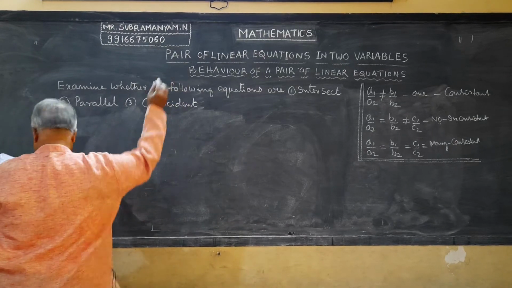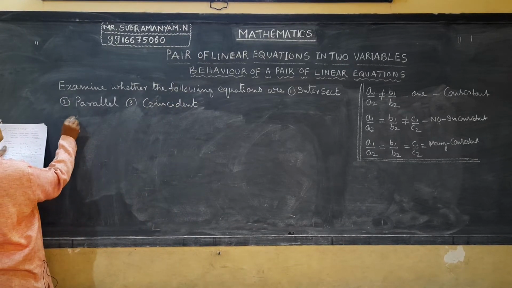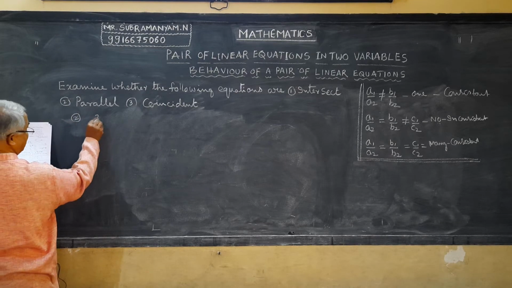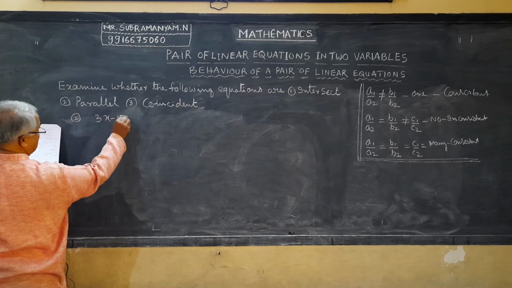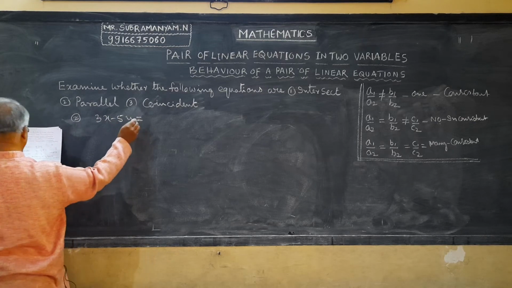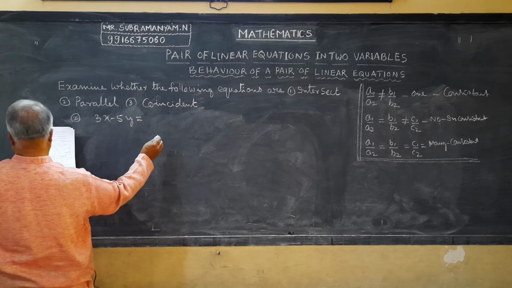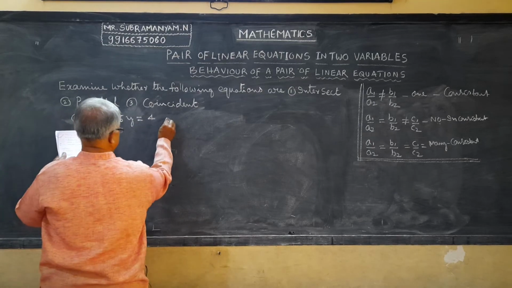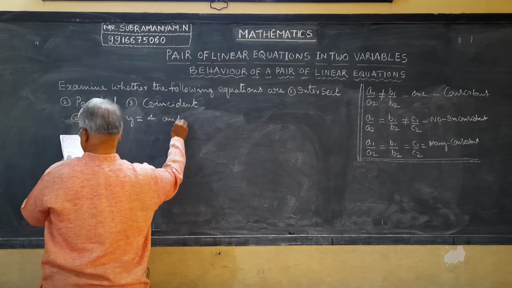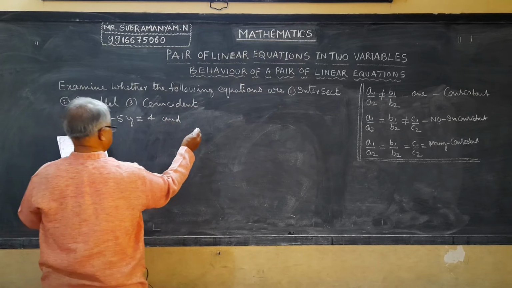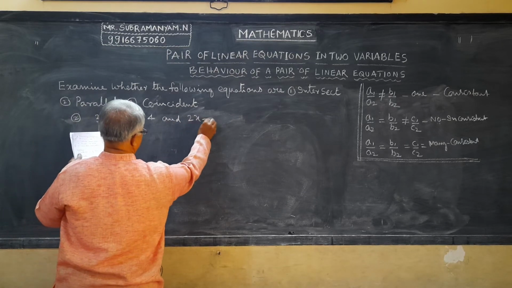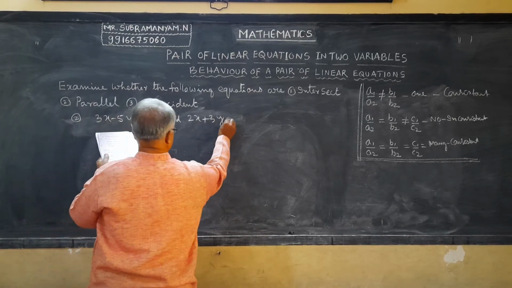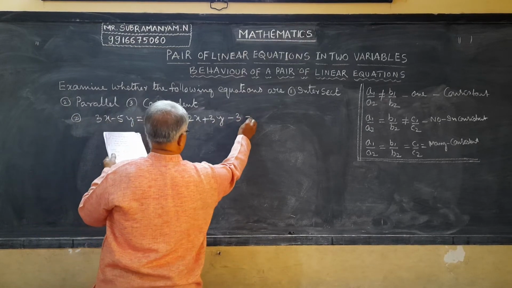Second one, 3x minus 5y equal to 4 and 2x plus 3y minus 3 equal to 0.